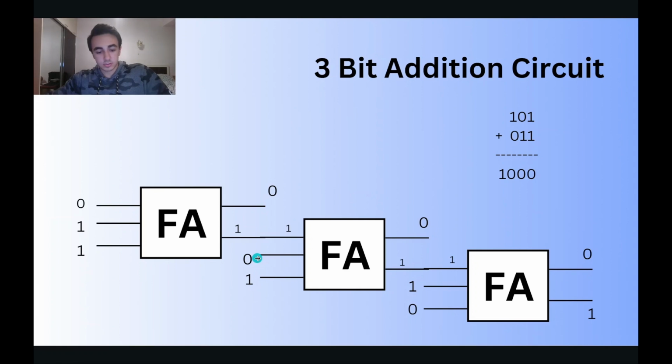Here the full adder will output the sum of 0 and carry 1. Here, the second column, A is 0, B is 1. The inputs are 0 and 1. And carry in is 1 from the previous operation. The sum of all this is 0, carry is 1. And here we have A is 1, B is 0. The same: sum is 0 and carry is 1. So it's a result read in this direction, from 1 to 0, 0, 0.